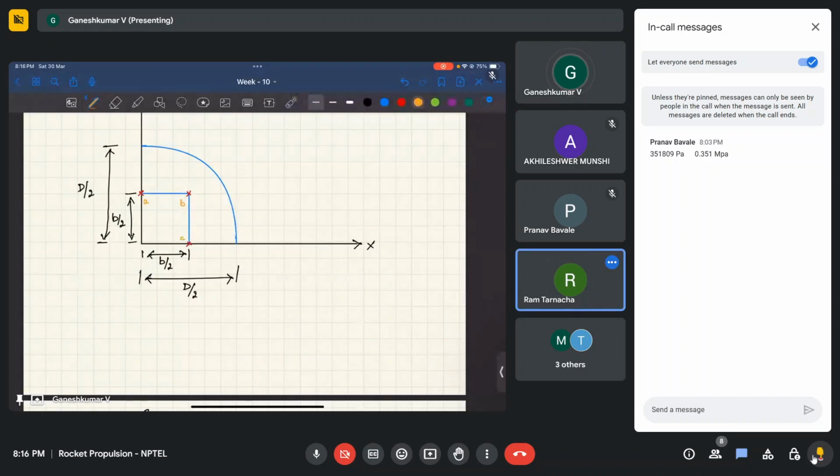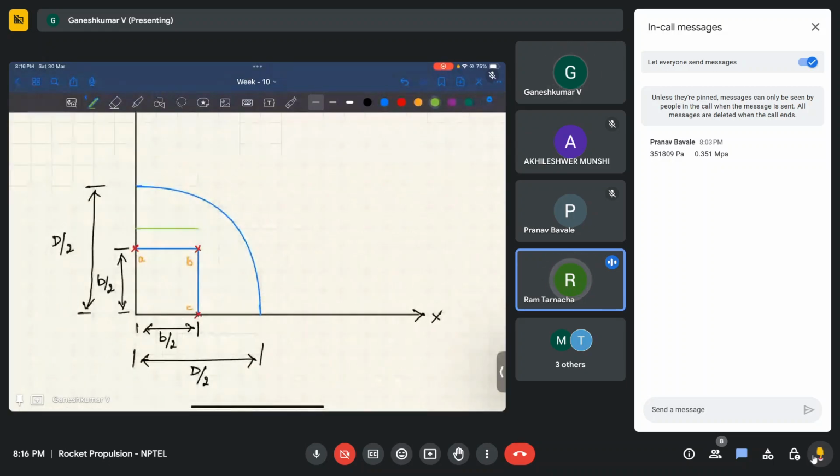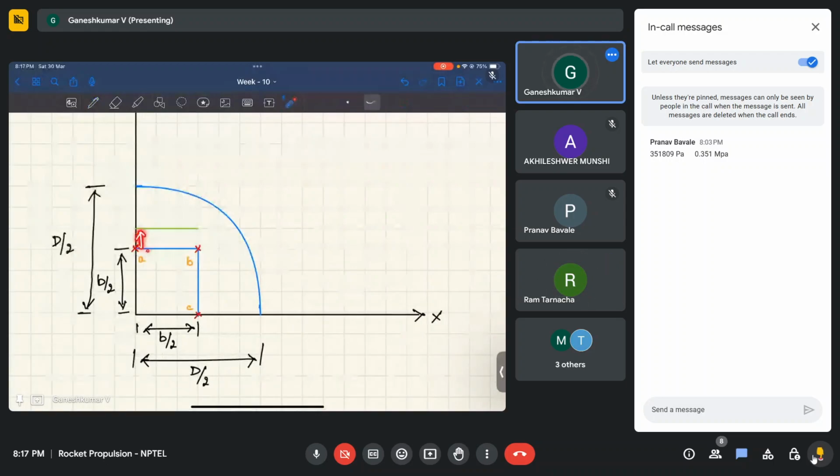Now the a, b surface is going to regress. Let's say after a certain time it regresses to a new value somewhere here, this green line. So this ab regresses to this line, and since this is a line, it is going to regress straight.